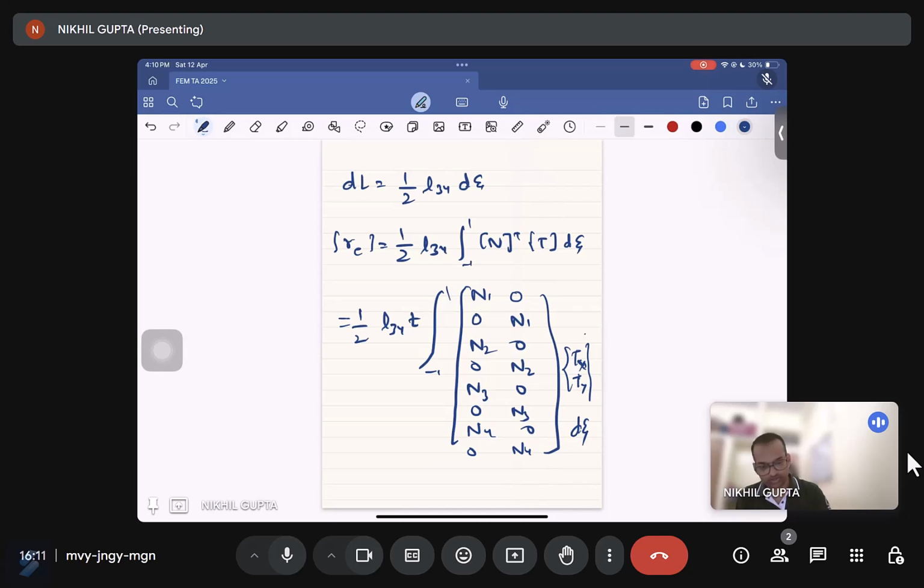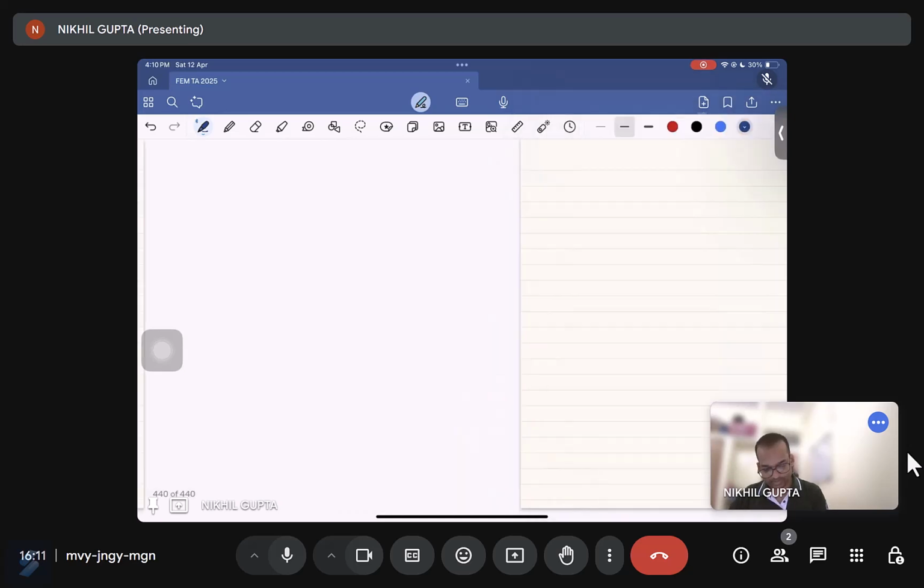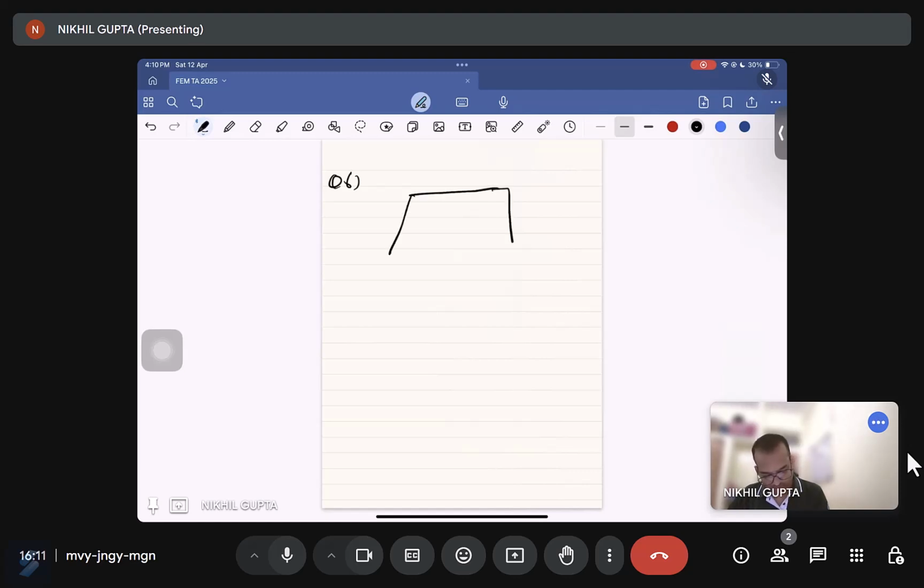Let's do this for concentrated load as well. Let's take question number 6 and do the full problem. So this is node 1 at 0 comma 0, 2 at 6 comma 2, 3 at 6 comma 6 and 4 at 1 comma 5, and one load is acting here as 10 kilonewton, one is acting 16 kilonewton.